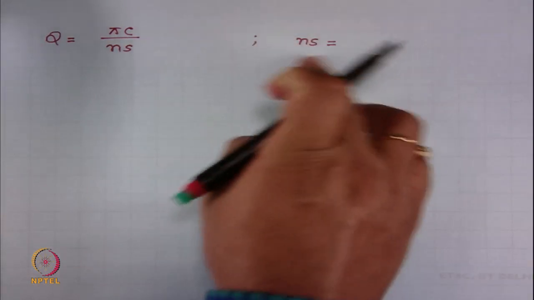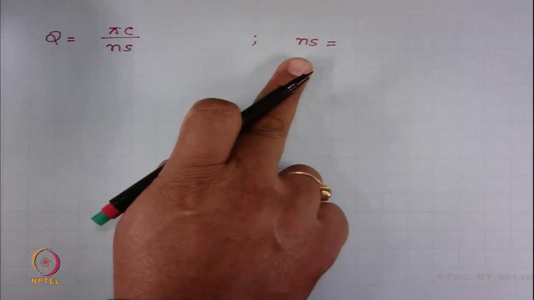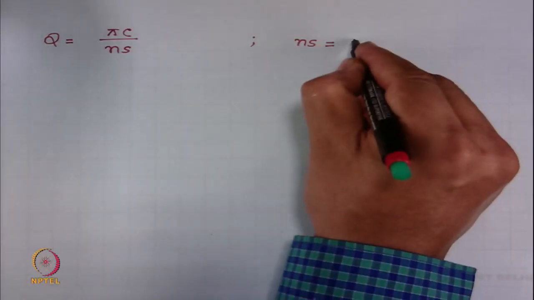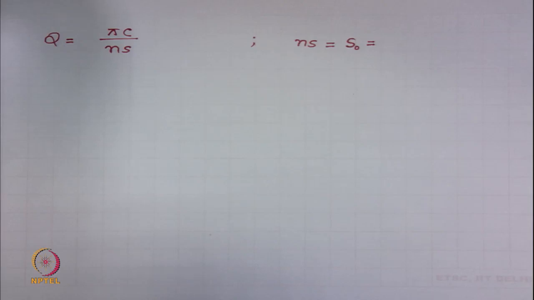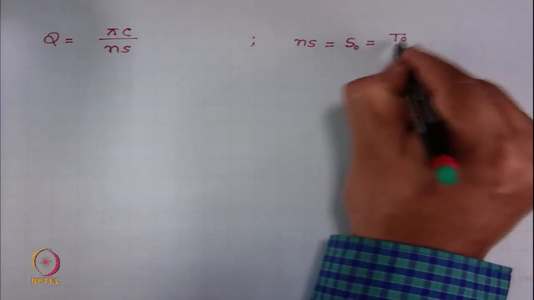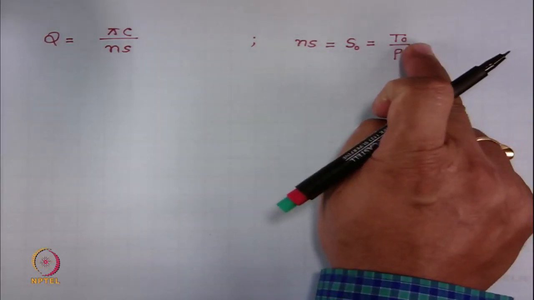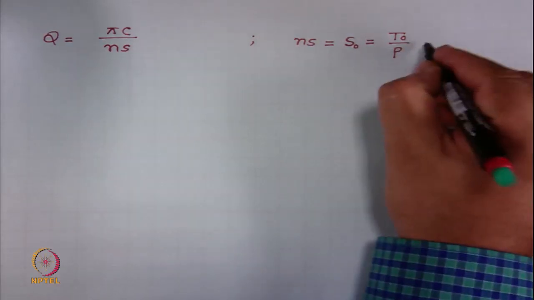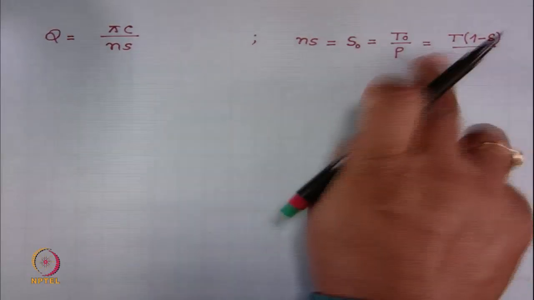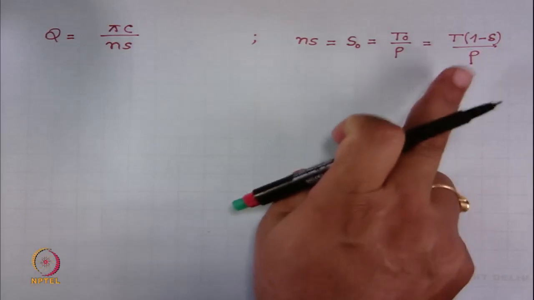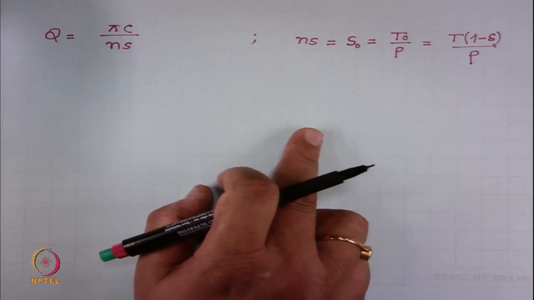So, this is the cross sectional area of all fibers, substance cross sectional area S naught. What is S naught? S naught is capital T naught by rho, the starting fineness of parallel fiber bundle, which is equal to fineness of the yarn into 1 minus retraction. We discussed this in helical model of fibers in yarn.